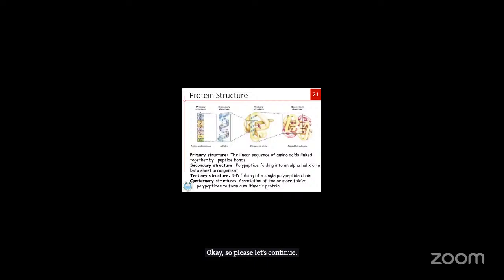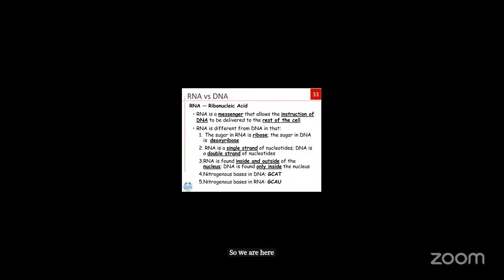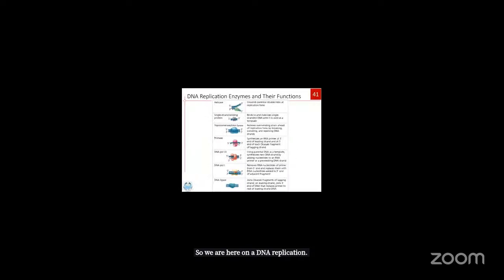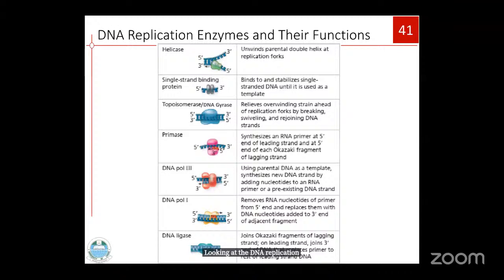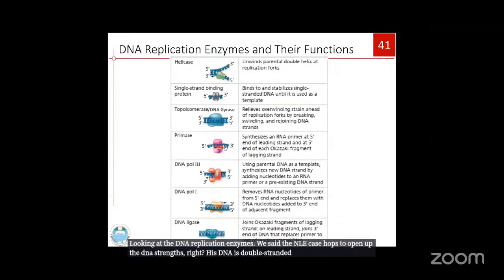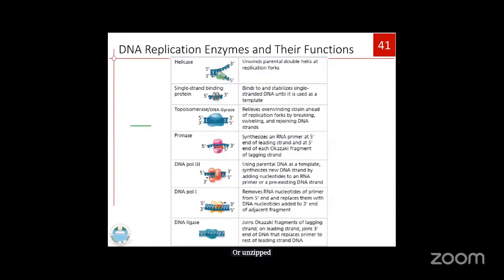So we are here on DNA replication, looking at the DNA replication enzymes. We said DNA helicase helps to open up the DNA strands, right? This DNA is double-stranded, so it needs to be unwound or unzipped so that replication can occur.